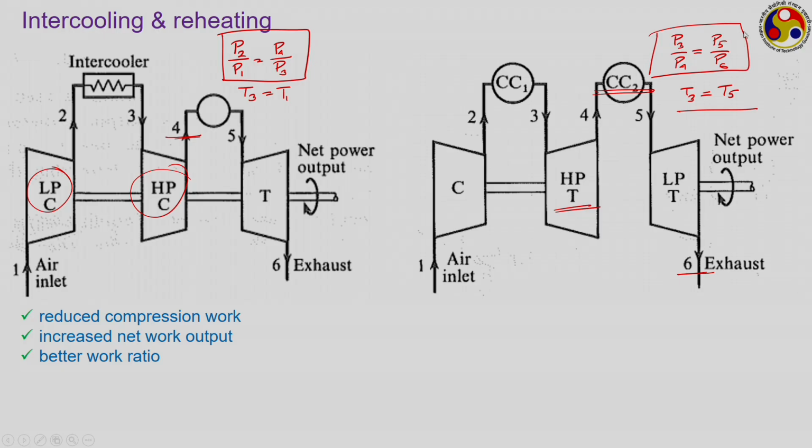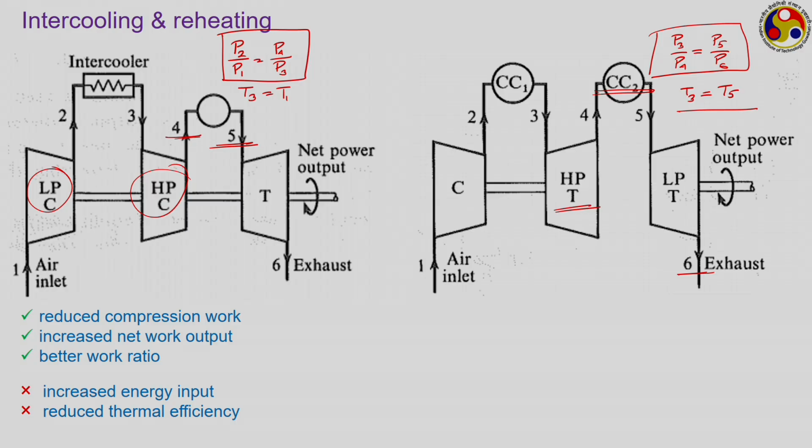However, because of the presence of intercooling, there is an increase in the heat input requirement, because had there been no intercooling, the gas would have been at a higher temperature at the end of compression. Because of intercooling the temperature is much lower, and therefore, to heat the gas back to the desired temperature T5, we need to spend a larger amount of energy, which, despite the reduction in the compression work requirement, generally leads to a reduction in the overall thermal efficiency.